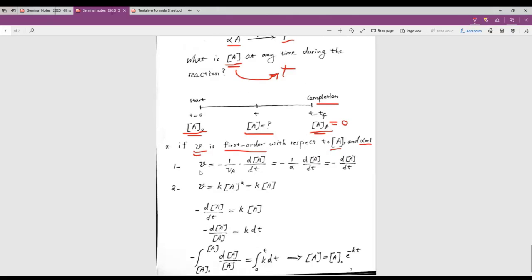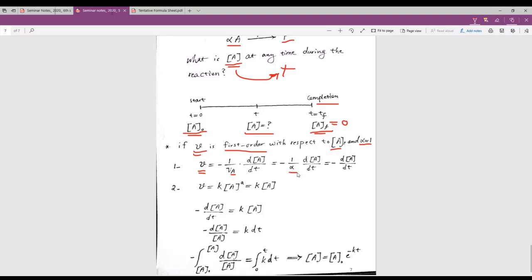What is the mathematical definition for the general rate? That is one way to define it. One way is to use the time derivative. It's negative because A is a reactant: negative 1 over nu A, the stoichiometric coefficient, times dA over dt, which is negative 1 over alpha dA over dt.